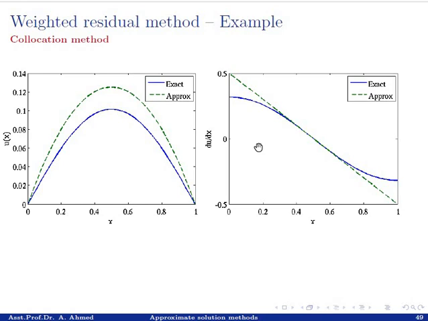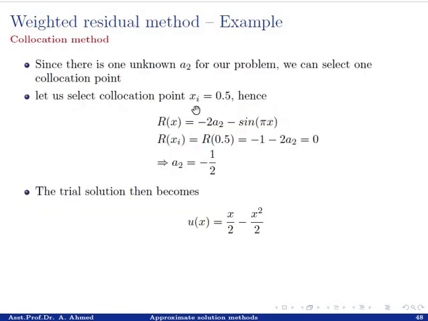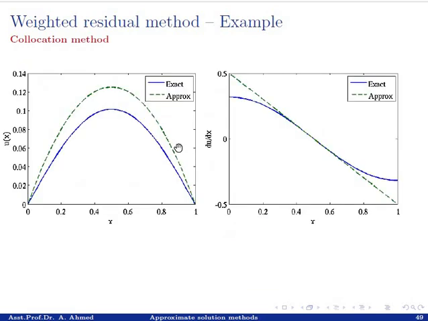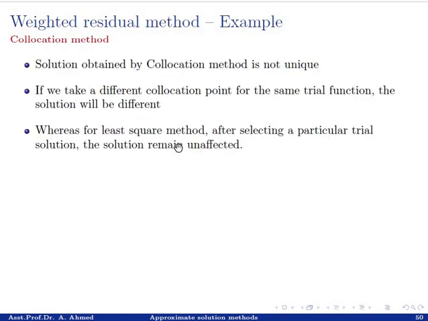You can improve the solution accuracy by using a higher order polynomial function as a trial solution, then using the collocation method to enforce the residual to be equal to 0 at some chosen points, and then recalculate the unknowns. If you do this, you will find that the solution obtained by the collocation method is not unique.